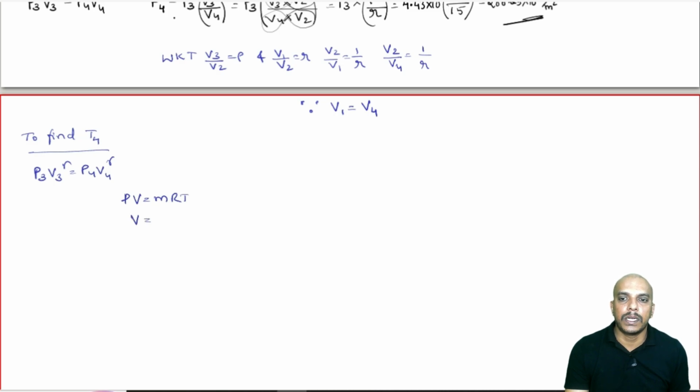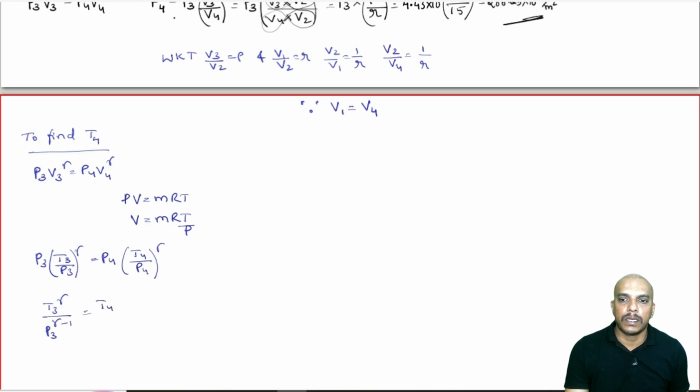If we want to eliminate volume, we will have to replace volume by T by P. So, in place of volume V3, I will go for T3 by P3 whole power gamma. Here in place of V4, I will have to go for T4 by P4 whole power gamma. Now, we will end up with T3 power gamma, and this will go to the denominator, P3 power gamma minus 1.